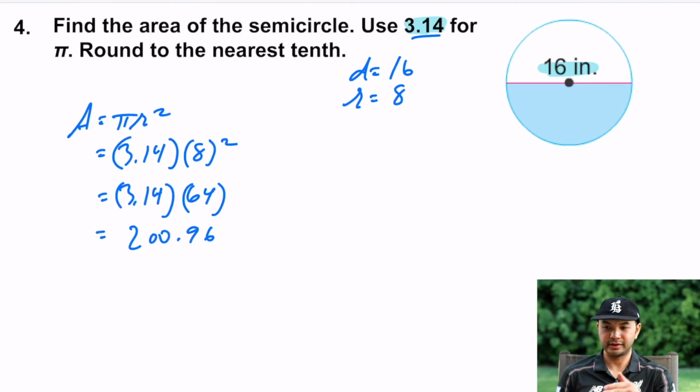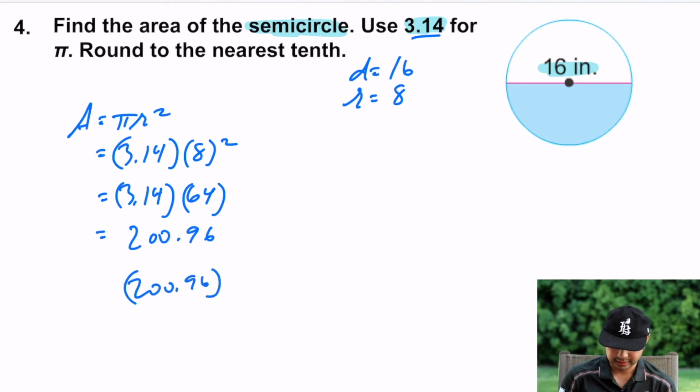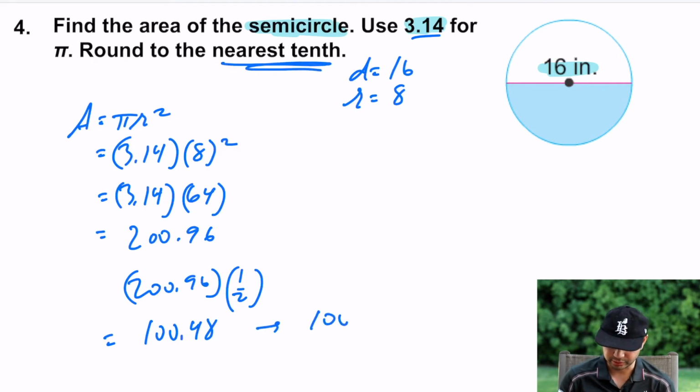Okay, so that's the area of the entire circle, but then recall over here, it said find the area of the semicircle. So the semicircle is actually 1/2 of all this. Okay, so all I need to do is take 200.96 times 1/2, or just divide by 2. And I get 100.48. But again, it said round to nearest tenth, so that would be 100.5. And then we have inches squared.